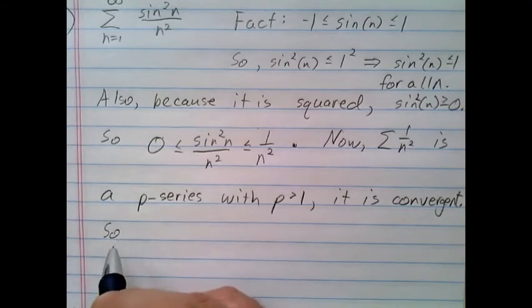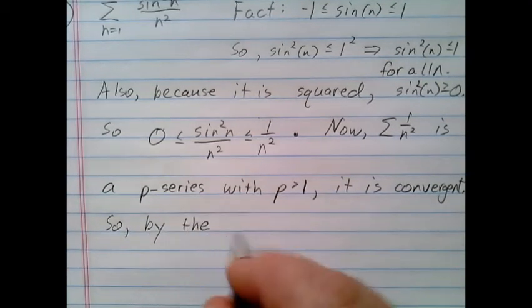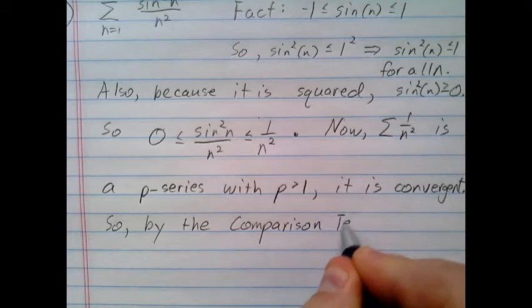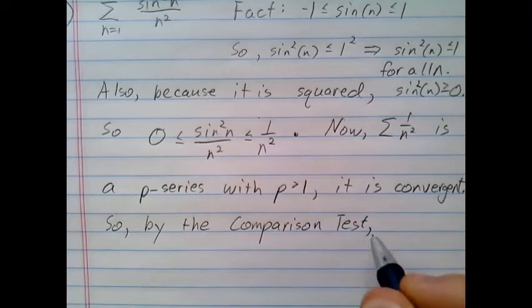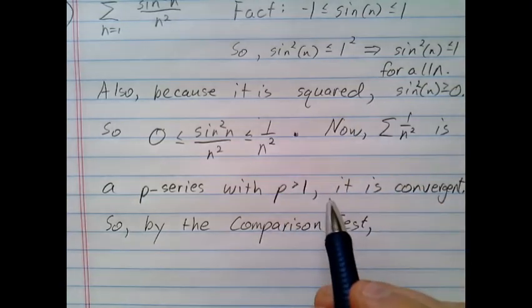So the next stage of writing a proof is you say what test you're using if you haven't already. Okay, so by the comparison test, okay, so that's the second thing. First thing was show that we could use the test.